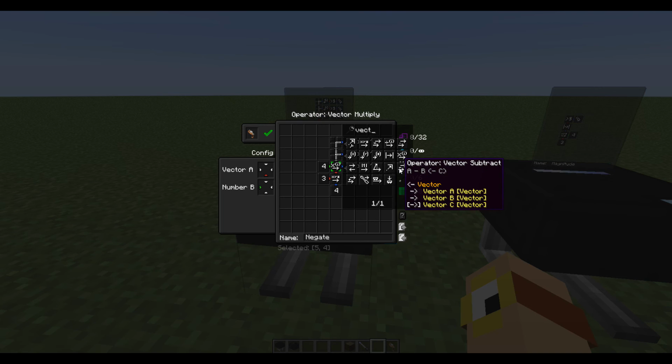So add the two A's together, add the two B's together, add the two C's together, and give you a new vector that is the sum of all those parts. So the new vector's x coordinate is the first two vectors' x coordinates put together, and so on. And subtract is the opposite, as you'd imagine.